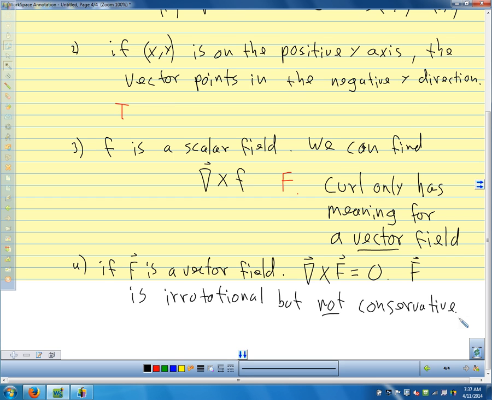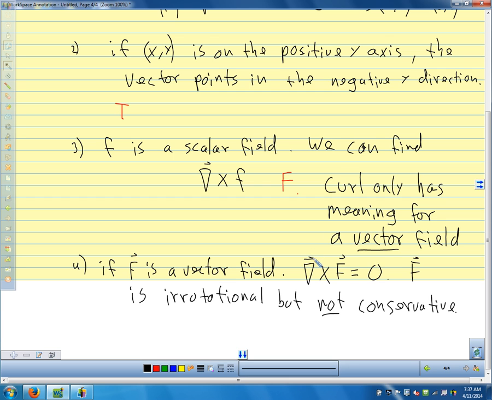So let's break it apart one piece at a time. We said that if del cross F, if our curl is 0, that we defined that field to be irrotational. But we're saying it can be irrotational and not conservative.